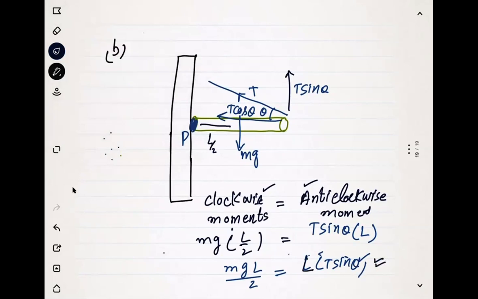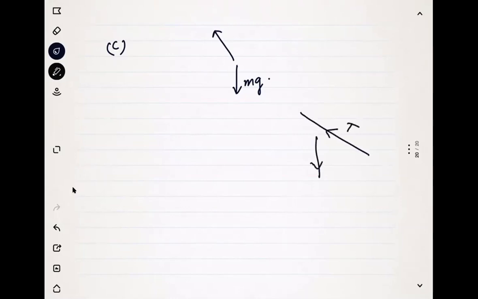Now the next question is why we need a third force, the C part. You see, T and mg are totally in different directions. If they are the only forces, then they can never be in equilibrium or balanced, because two forces in different directions can never be balanced. If you look carefully, T is here and mg is vertical.